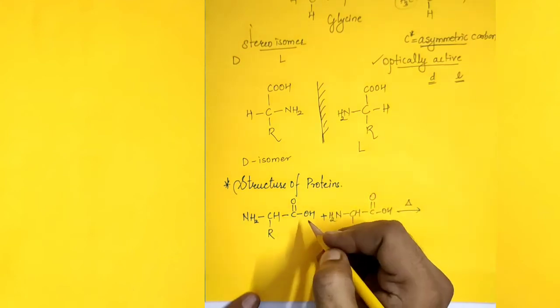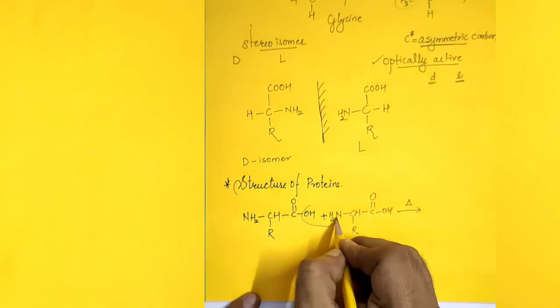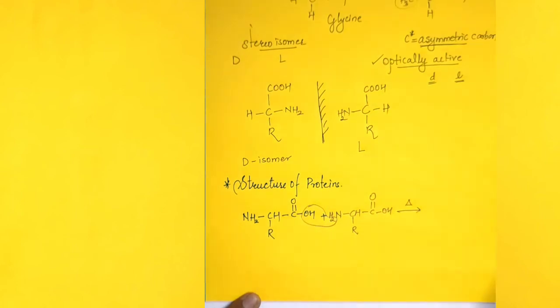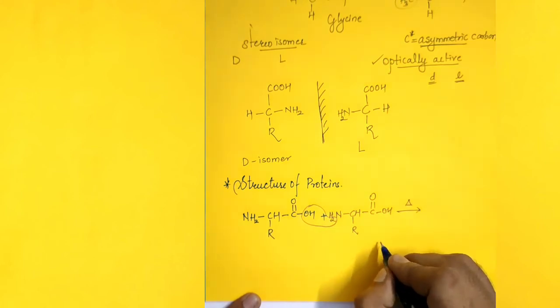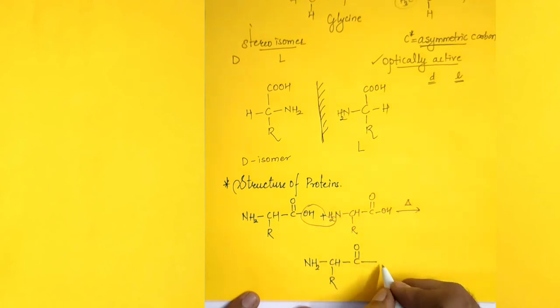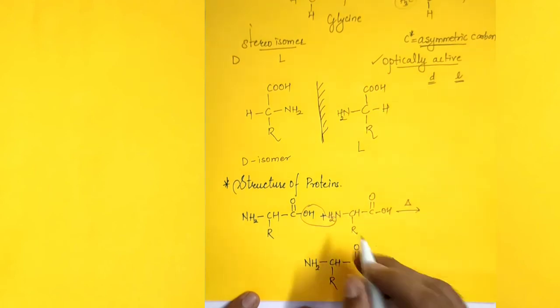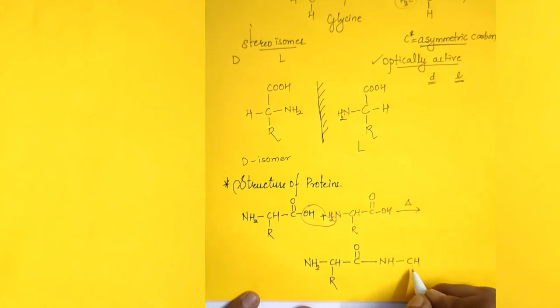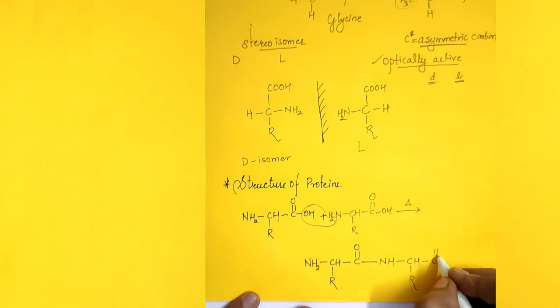So OH from the acidic group and H from the NH2 group will combine to form NH, CH, OH.